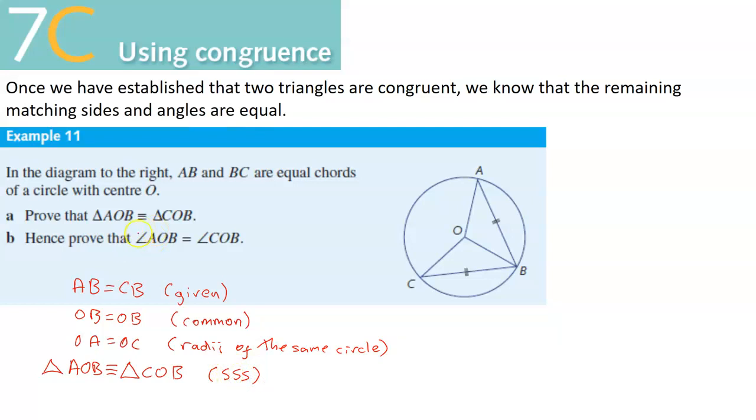So I'm asked now to prove that AOB, that's this angle here, is equal to COB, that's this angle here. Well, that's the angle opposite the side with the 2 lines on that we were given. So for part B, I can just say that angle AOB is equal to angle COB because they are matching angles in congruent triangles.